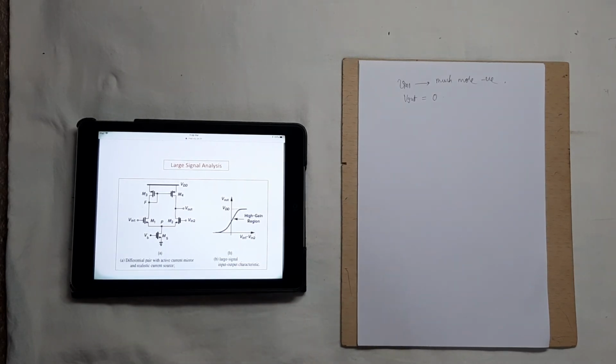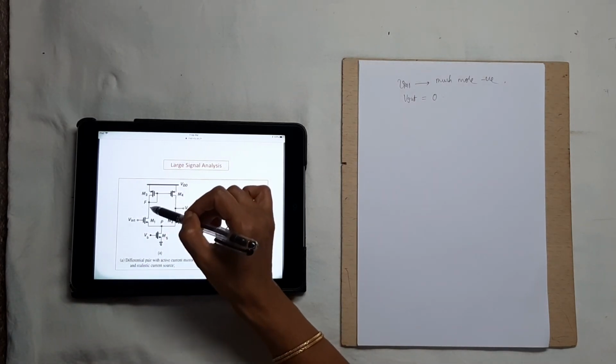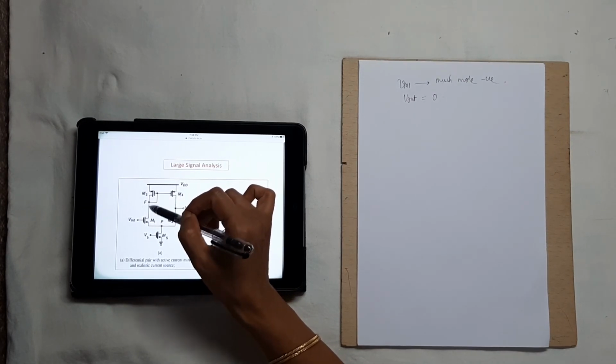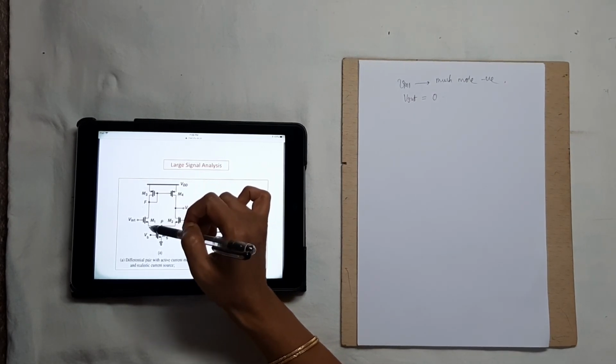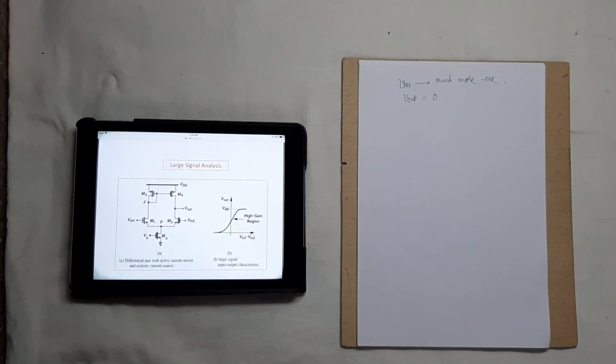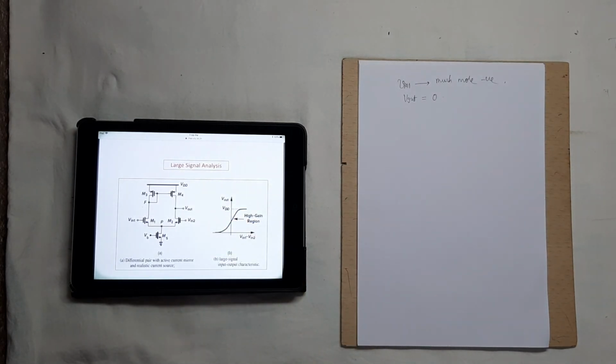It draws some current from the ID5, and also from M3, means the current flows like this through M3 because this is in the on state, and the same current is copied over here. That is, it is copied to the M4. Now the output voltage then depends upon the difference between the ID4 and ID2.